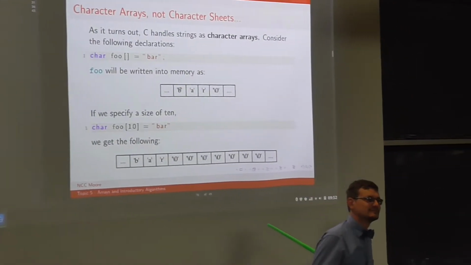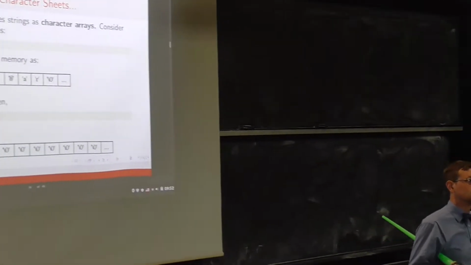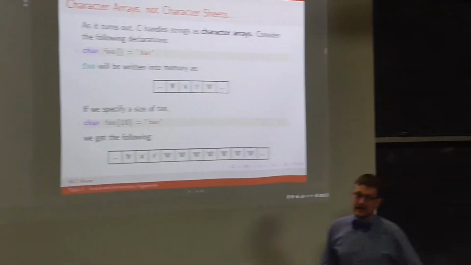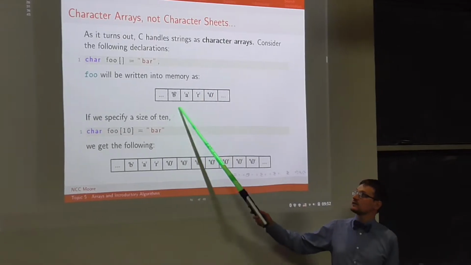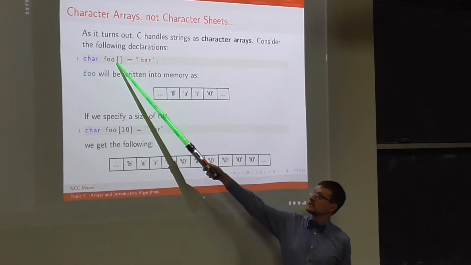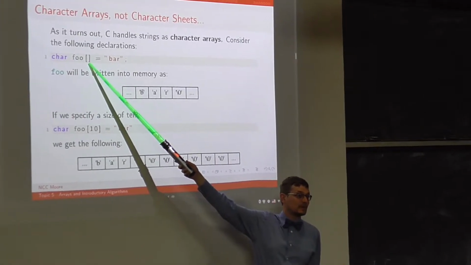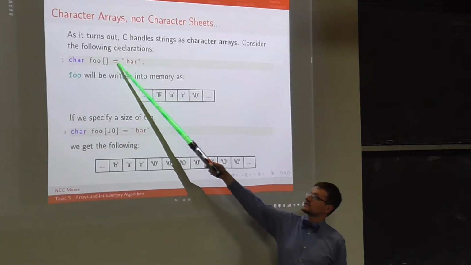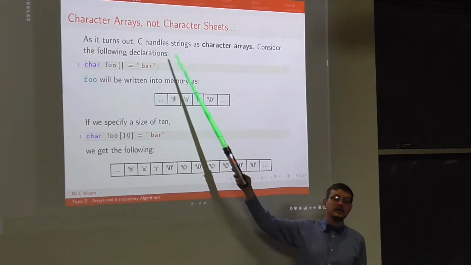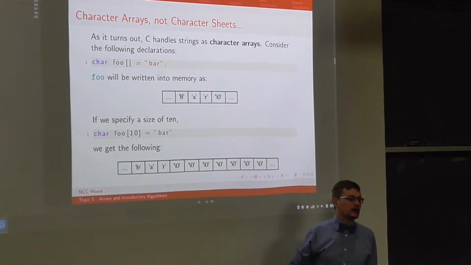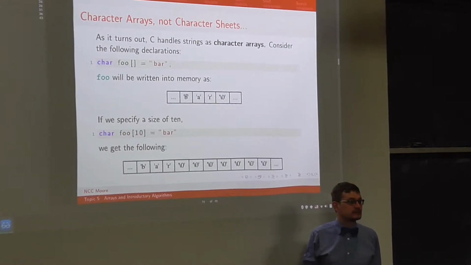Question? What would we have to have done wrong to eliminate the null character? Good, excellent question. We would have had to initialize this to 3 characters instead of 4. If you initialize this to 3 characters instead of 4, it will truncate the thing that it's trying to write into that space, rather than overwriting.